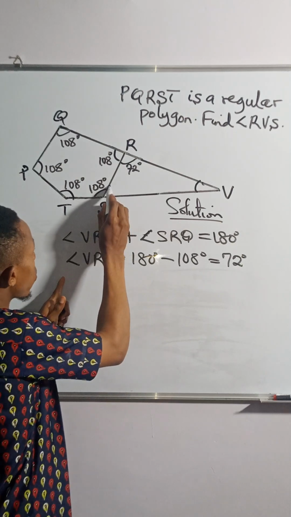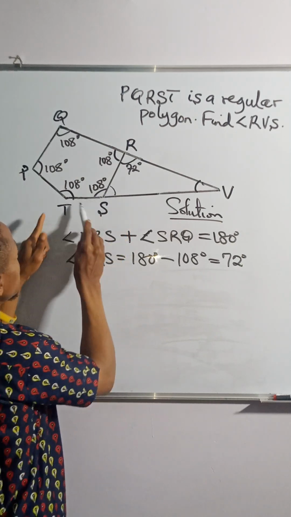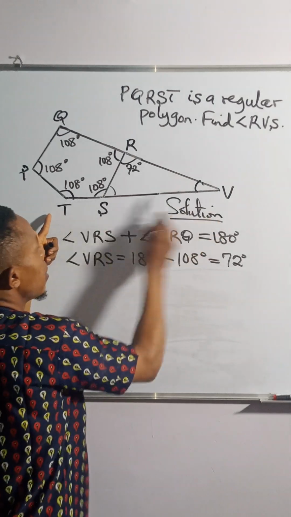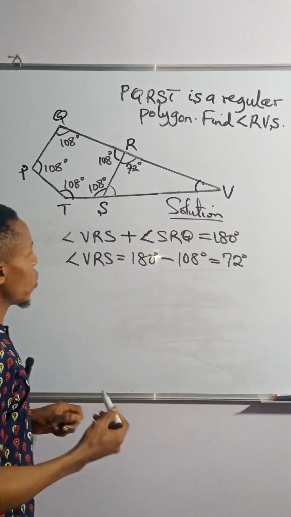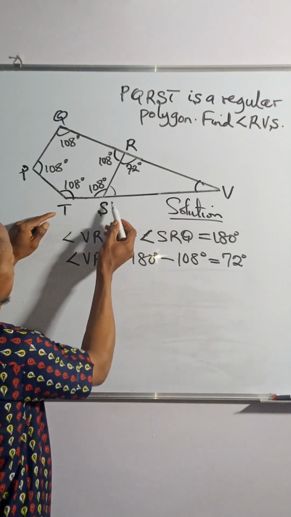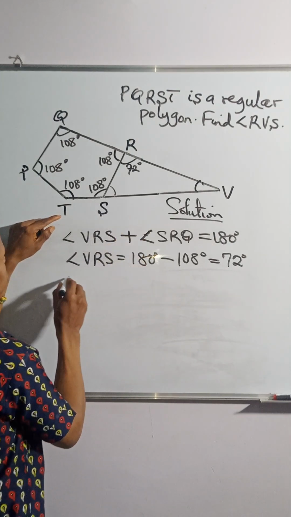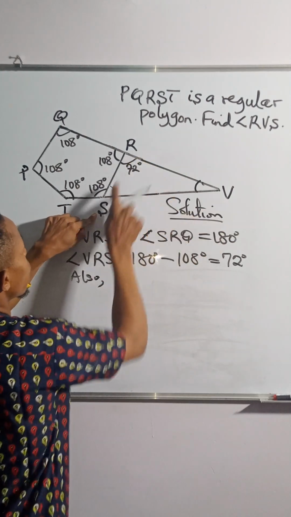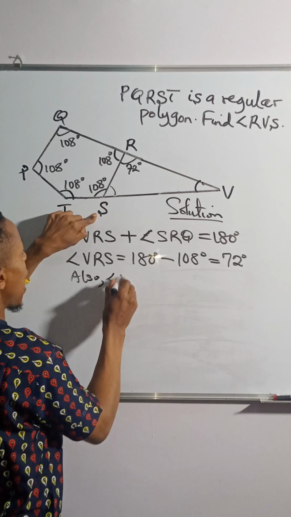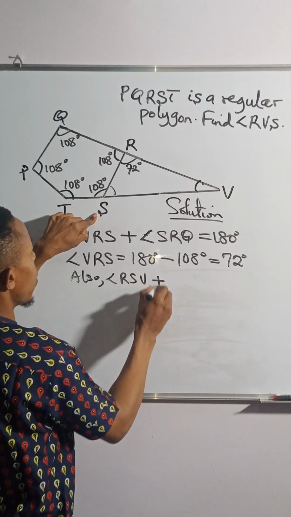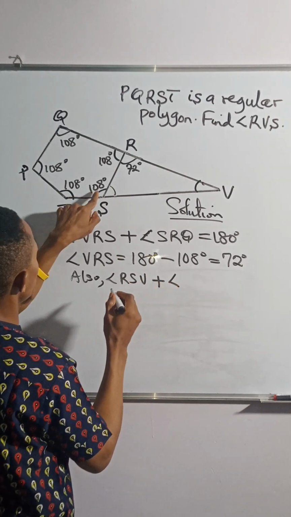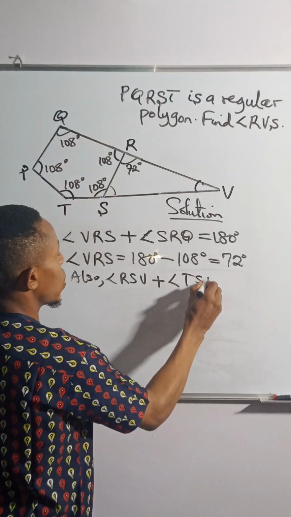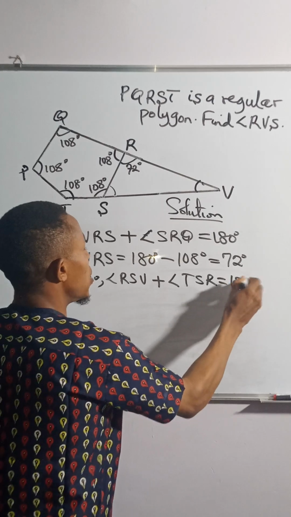Similarly, we can obtain this angle here, observing that this also is a straight line. TV is a straight line, or TXV is a straight line. So angle RXV plus angle TXR, both of them will give us 180 degrees.